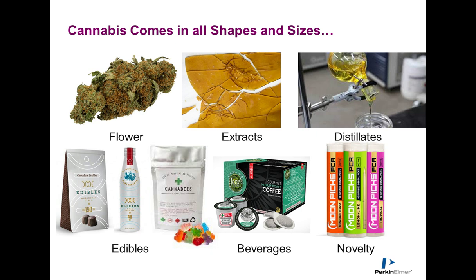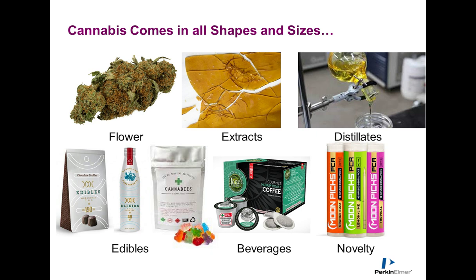Traditionally or historically, most people associate a cannabis flower as the final product from a cannabis plant. But what we're seeing today, for various reasons, particularly in the recreational markets, is a huge diversity in the sample type. What we're looking at here is some common categories for cannabis and hemp products. Extracts are products from using a solvent to remove the cannabinoids and terpenes from the flower.